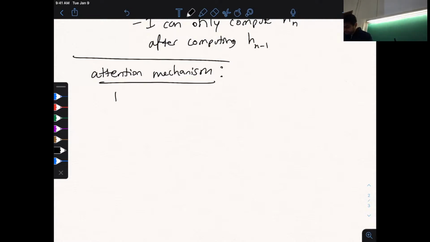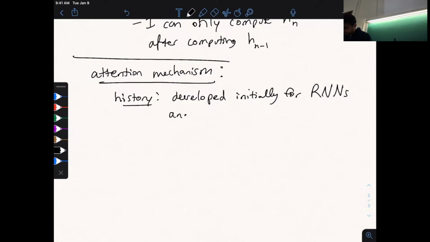So just some history first. Attention was developed initially for RNNs and for the task of machine translation. You can see the papers that are linked for the readings. This paper was by Bahdanau and Cho.